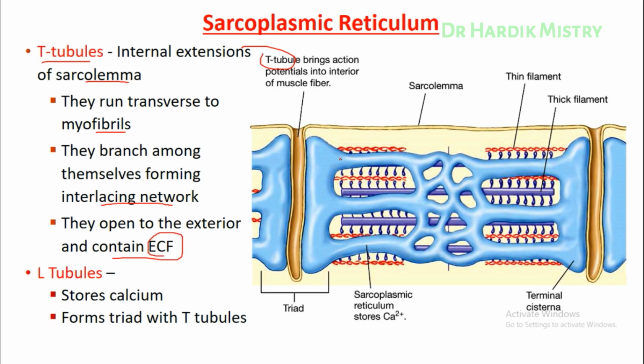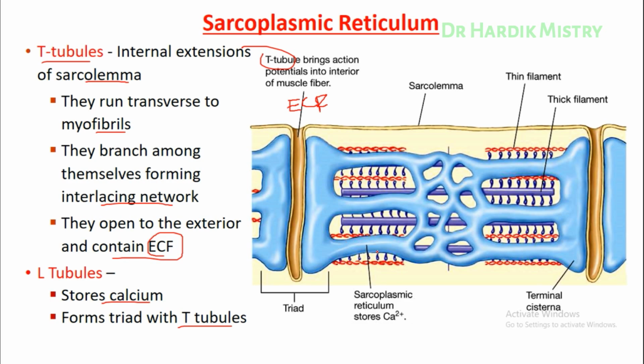The most important thing here: you are seeing that the T tubule is open. Here it is the cell membrane, and outside the cell membrane it is directly in contact with the extracellular fluid. So this is the structure of the T tubule. Now the L tubule stores calcium and forms a triad with T tubules.